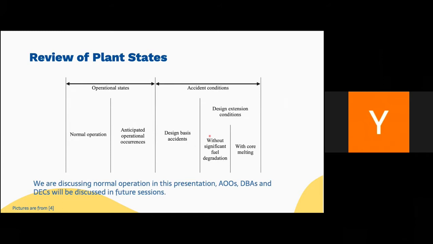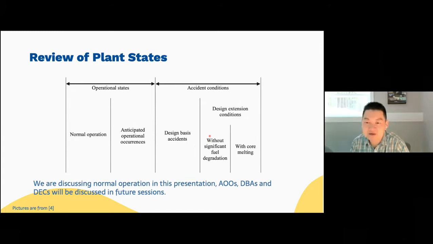So each country has their own definition of the plant states, but here we're using the IAEA's definition. As you can see on the screen, IAEA defines 2 basic categories: operational states and accident conditions. Within operational states, there's normal operation and anticipated operational occurrences.